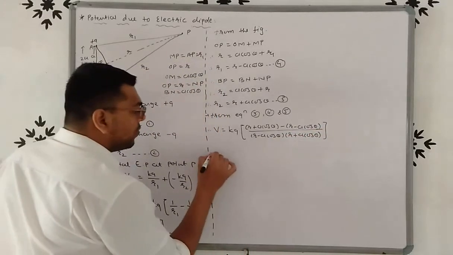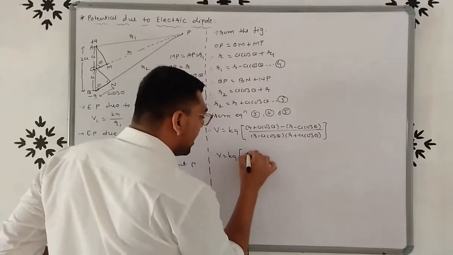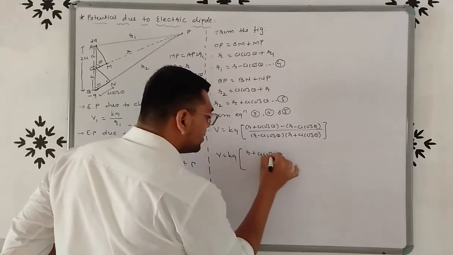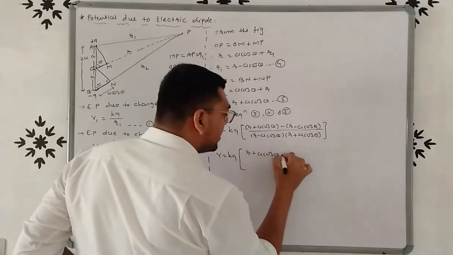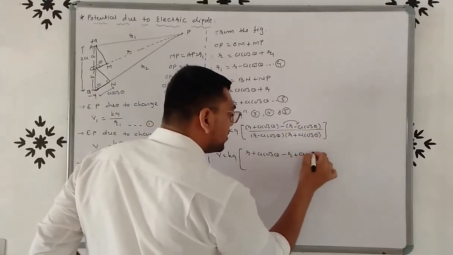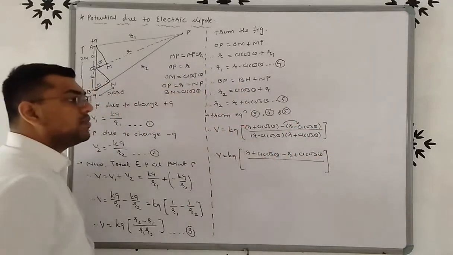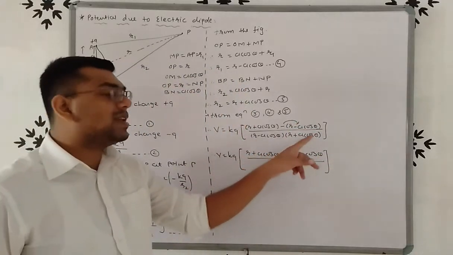See here friends, this is the formula of A minus B, A plus B.